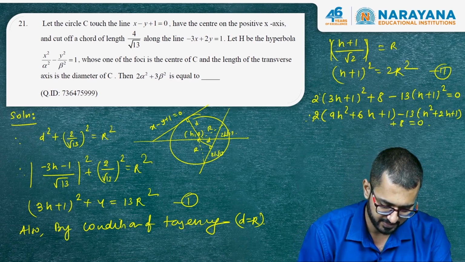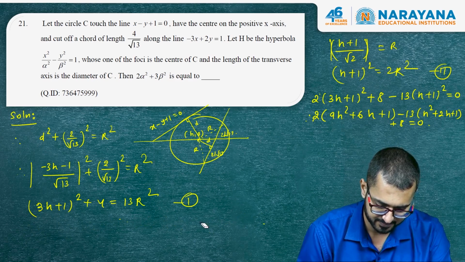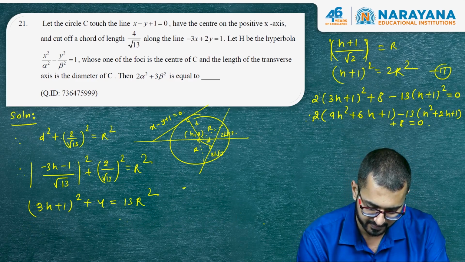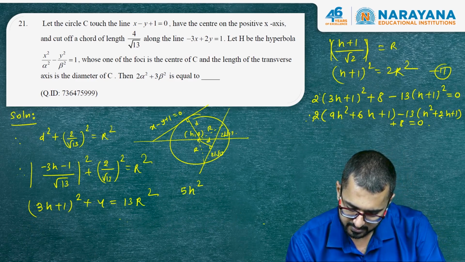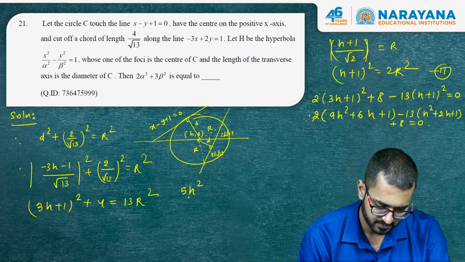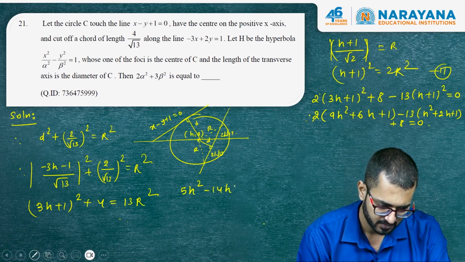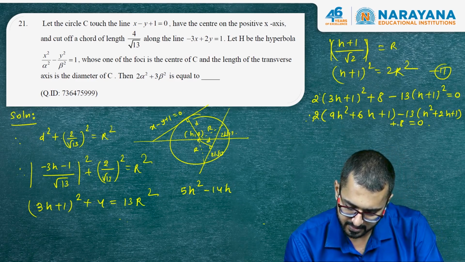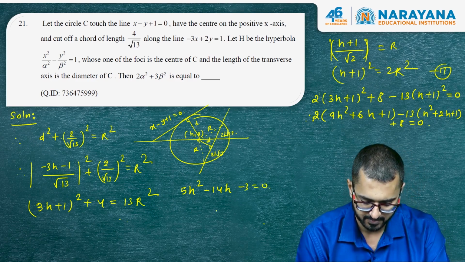So from this I'll be having, removing the brackets, 18 minus 13 is 5h², and then 12 minus 26 is minus 14h, and then 2 plus 8, 10 minus 13 is minus 3, is equal to 0.